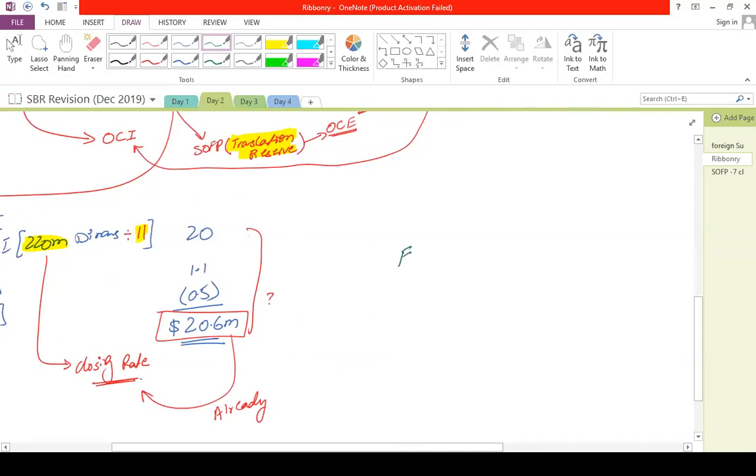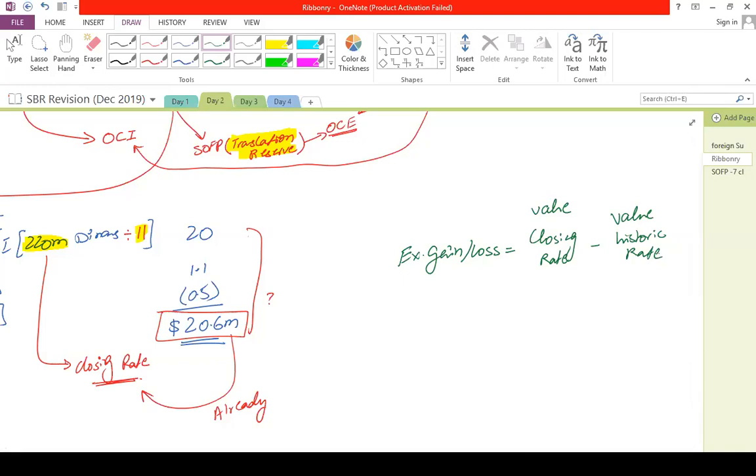Then how do we calculate the exchange gain or loss? If I ask you, how do we calculate the exchange gain or loss? The answer is simple. The value at the closing rate minus the value at the acquisition, or we can say historic rate. This is how we calculate the exchange gain or loss, right?